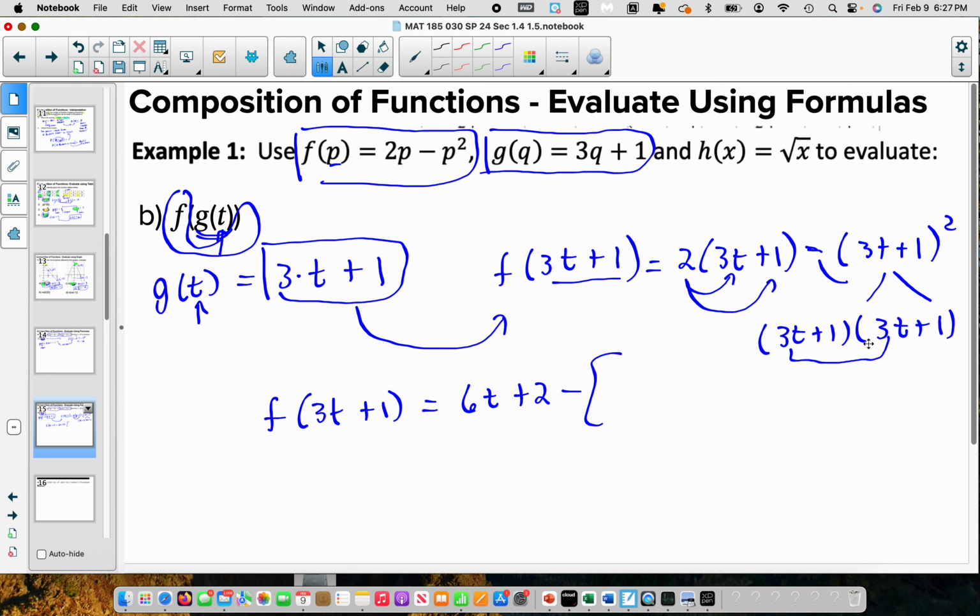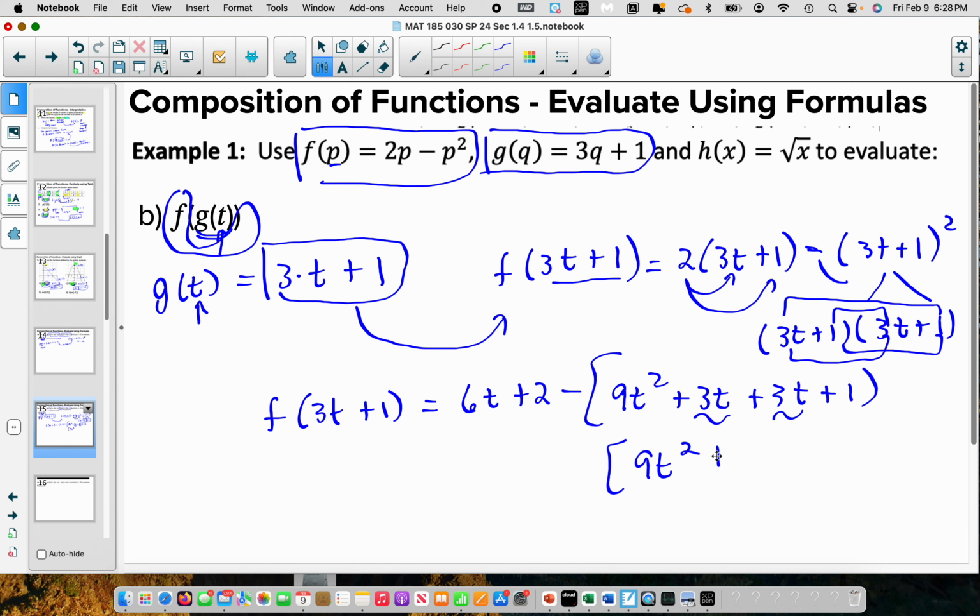If I do FOIL, I get 9t squared plus 3t plus 3t, and then my last term is plus 1. These are like terms. This becomes 9t squared plus 6t plus 1. Okay, so I have this negative sign on the outside.